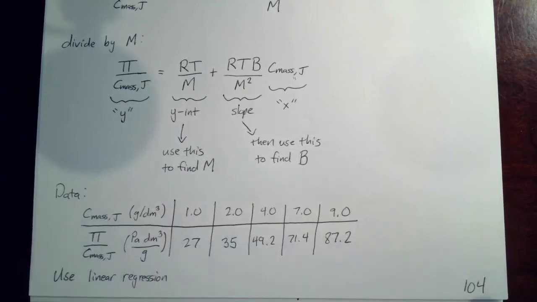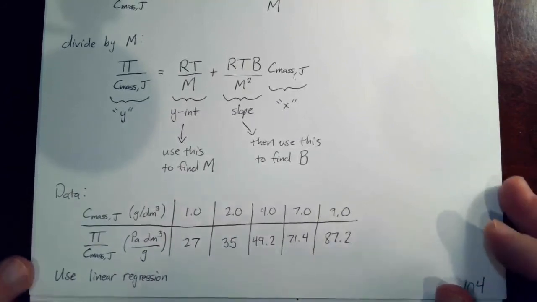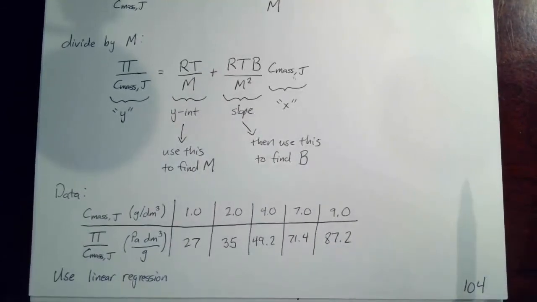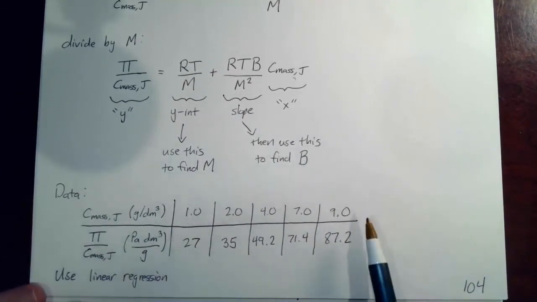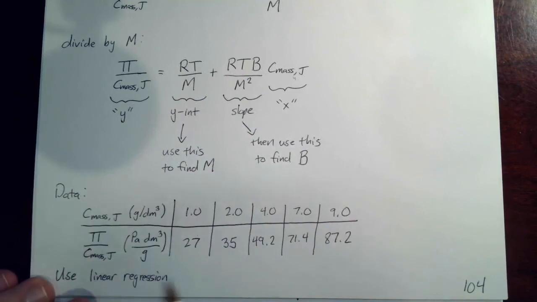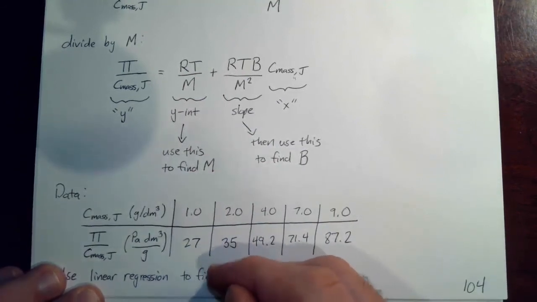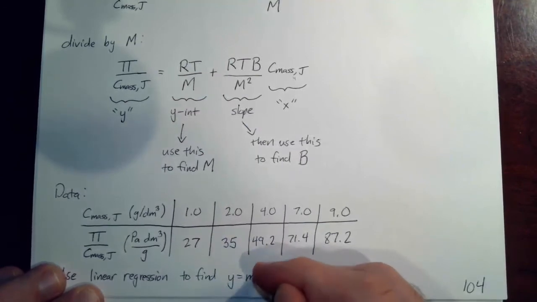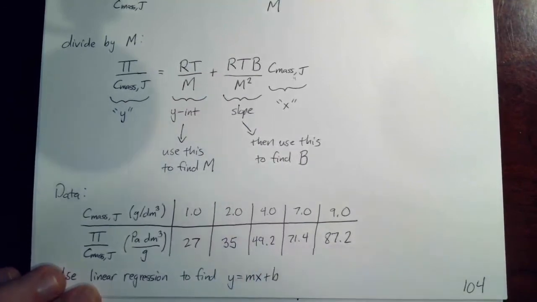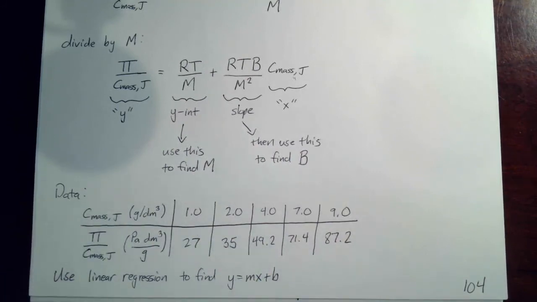for example, the least squares method. So linear regression fits a straight line to this data. And when we use linear regression, we get a formula, y equals mx plus b, for the line that best fits this data.